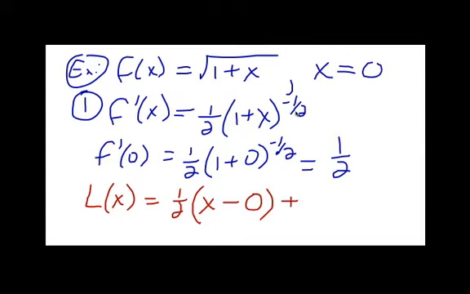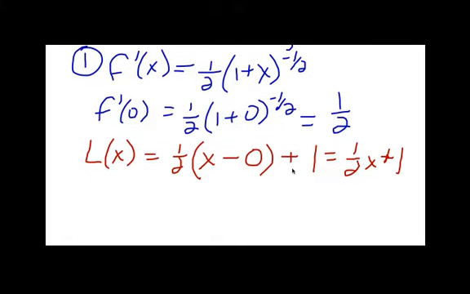So whatever the function value is at x equals 0, which I think is just 1. So the linearization so far is just 1/2 x plus 1. And that's it. If the question asks for the linearization, that's all they want.